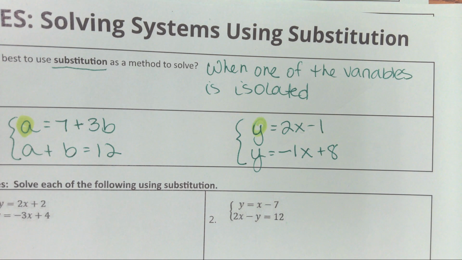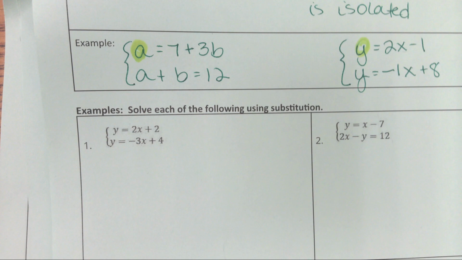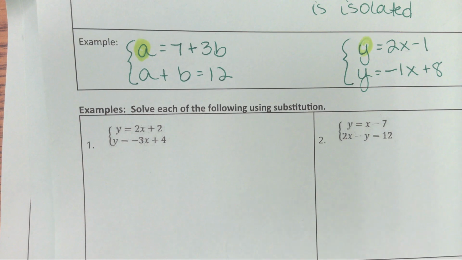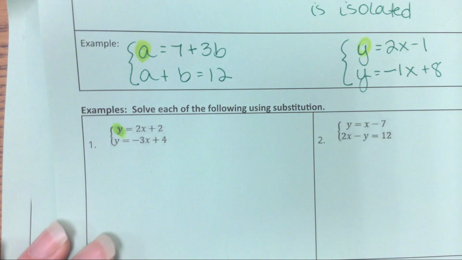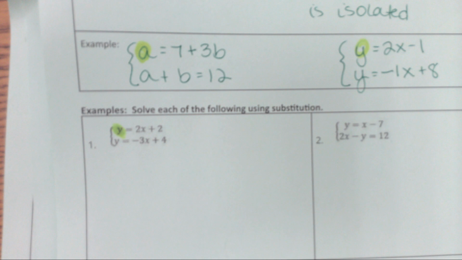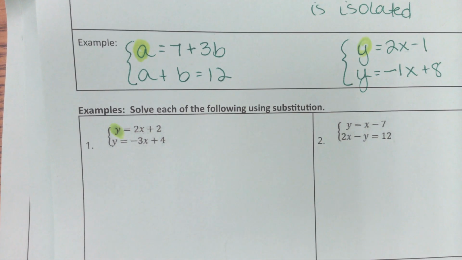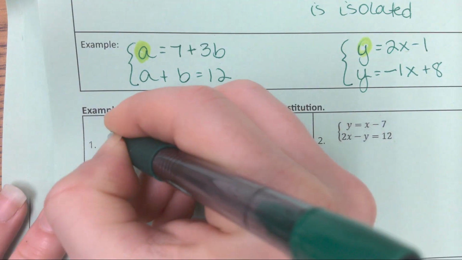Let's do one. Let's look at example 1. In example 1, both of the y's are alone, so this is one like that second one I just showed you. Y is equal to 2x plus 2. So what we're going to do is, do you see this y down here?